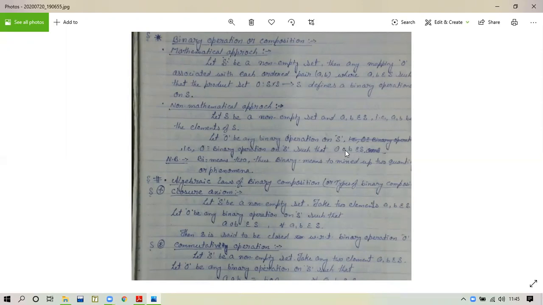Here we can also use star in place of O, or any operation such as addition, subtraction, multiplication, integration, etc.